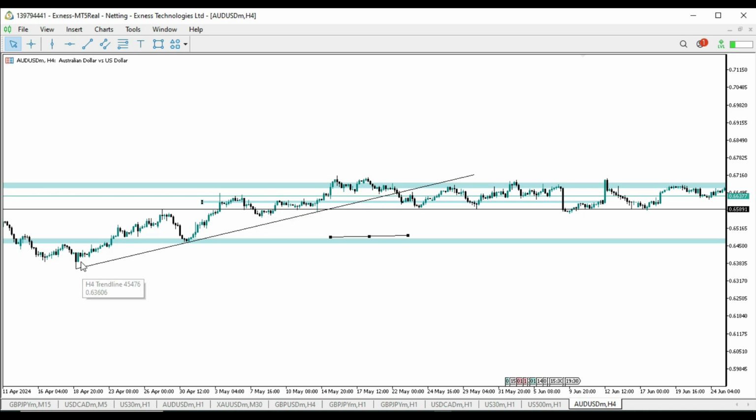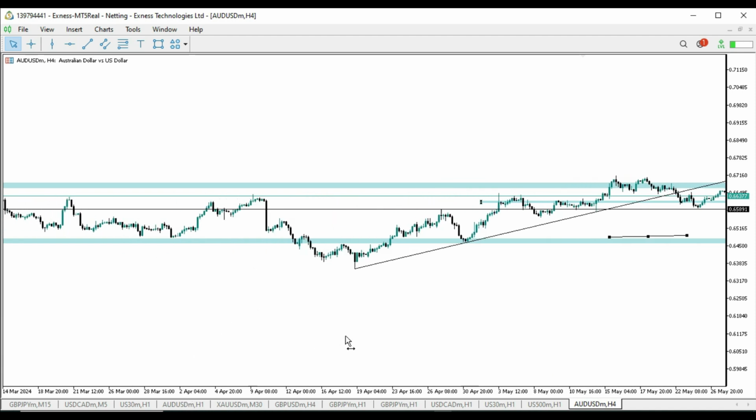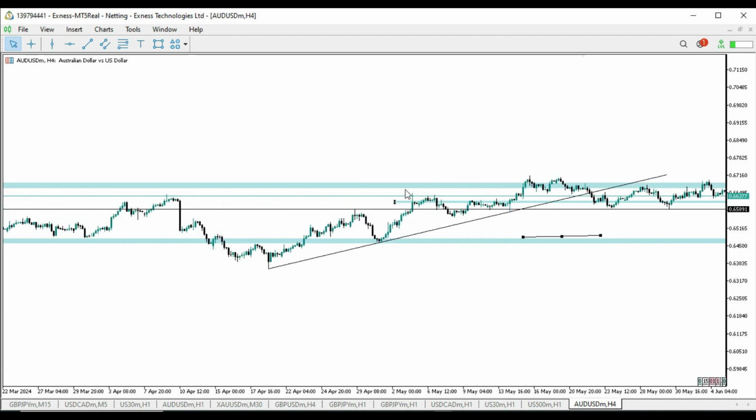So imagine you've bought here, or imagine when the market got here, you entered a buy position here, and you decided to hold it to the all-time resistance zone. You bought it from here. Imagine the money that you will be making whilst you are riding this trend. All that you need to do is to know the trend and then trade with the trend.